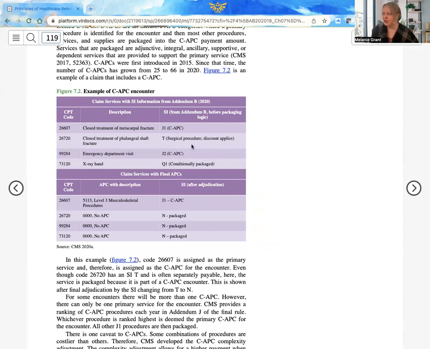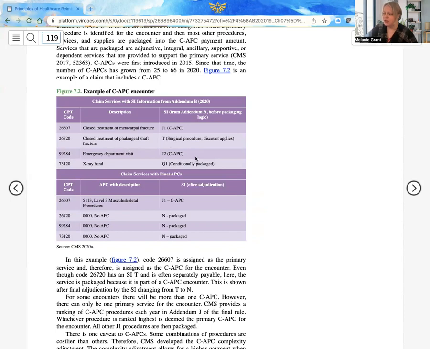The secondary service is also going to apply here, and they have a status indicator of T, meaning that they're not typically going to consider a closed treatment of a phalangeal shaft fracture as part of the metacarpal. So in other words, these are two separate services, but because it has a status of T, it's a less procedure and is going to be reimbursed at a discounted rate.